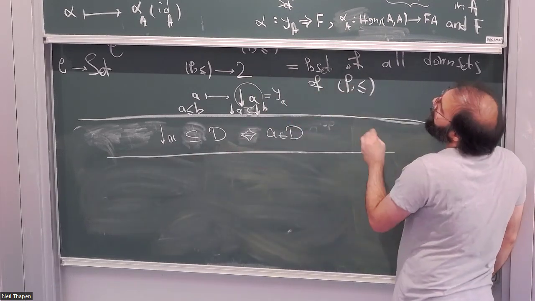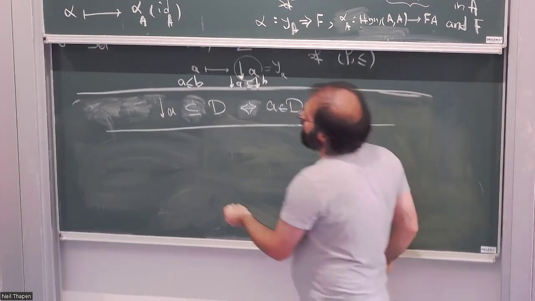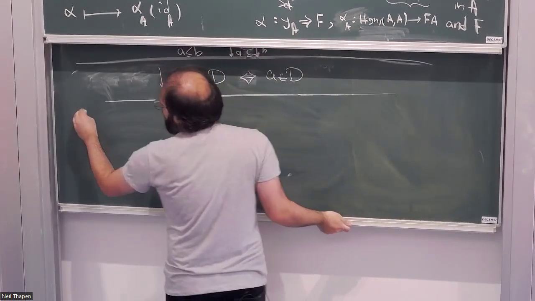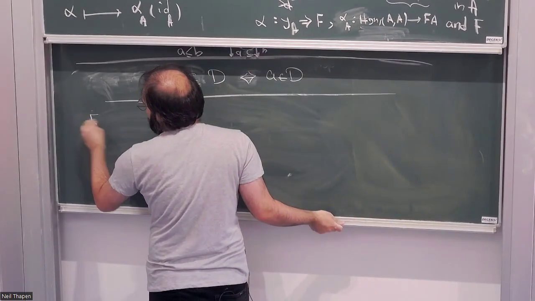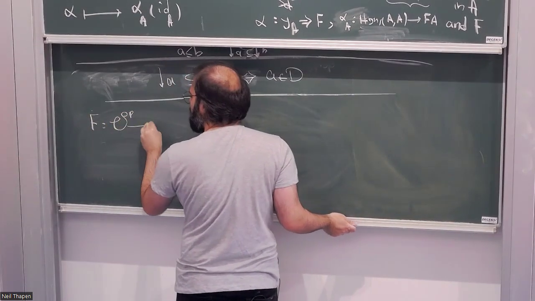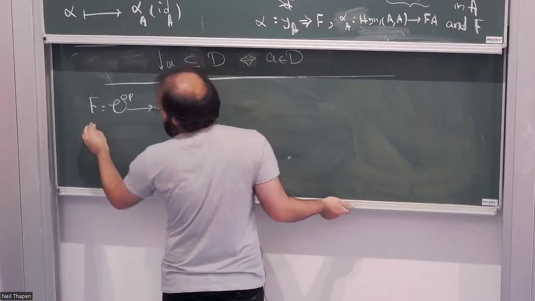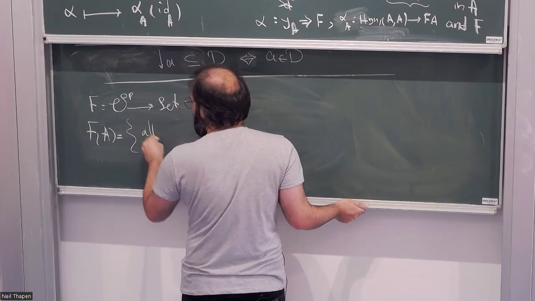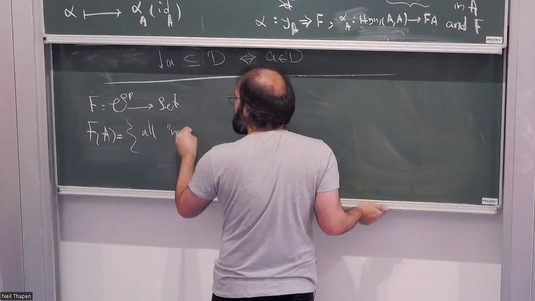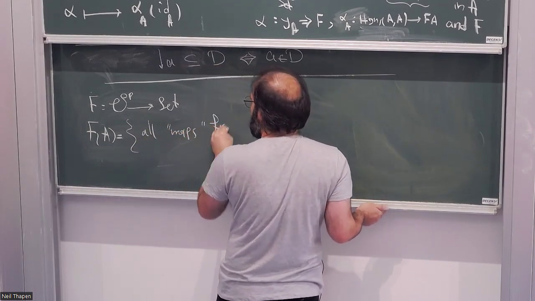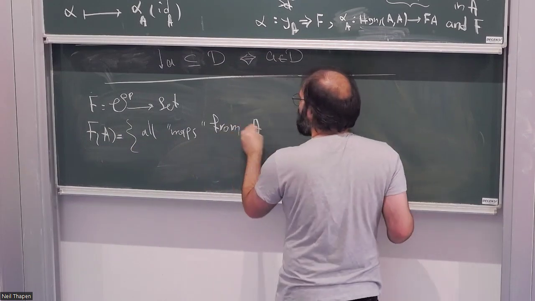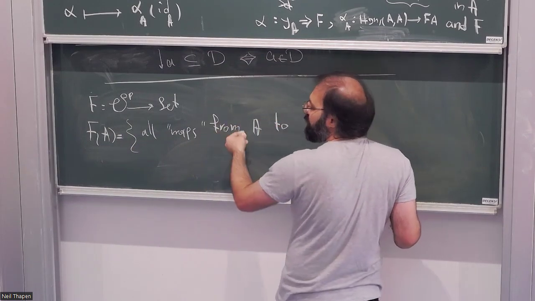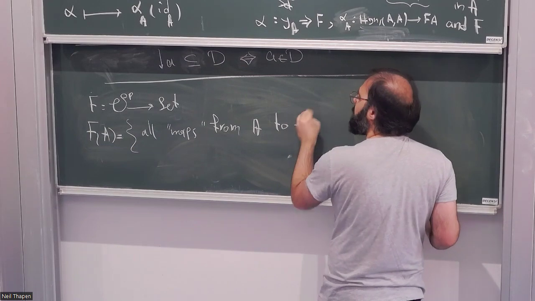The intuition here is that when you have F as a presheaf, you can read F of A as the set of all, in quotation marks, maps from A to some space assigned to F, say to F itself, why not.